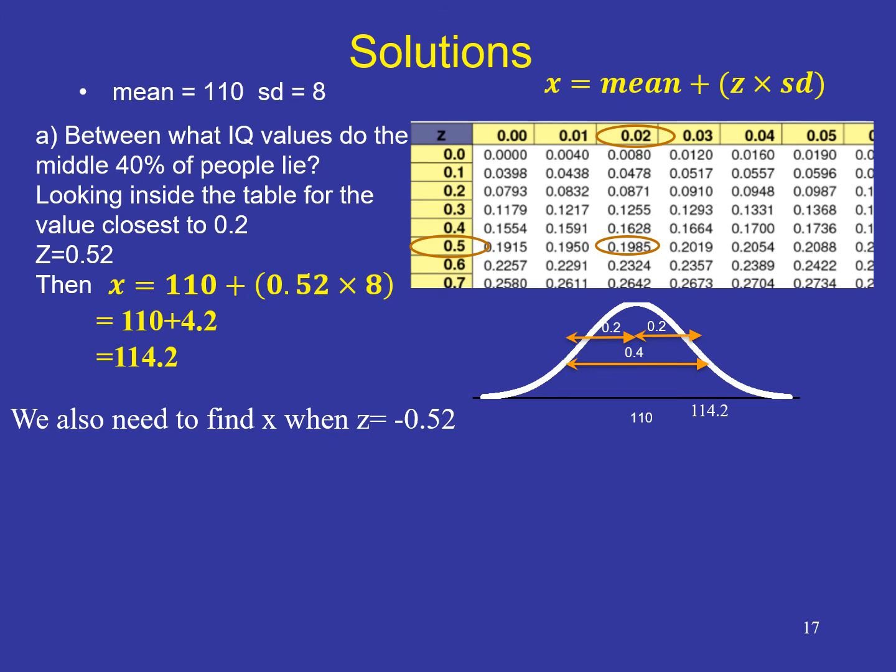Basically, we're finding it when its z is minus 0.52, so we're finding the value 0.52 standard deviations below the mean. So we just do that calculation with a minus. So we take away 4.2 this time, so we end up with 105.8. So therefore, we know that 40% of the IQs are between 114.2 and 105.8.